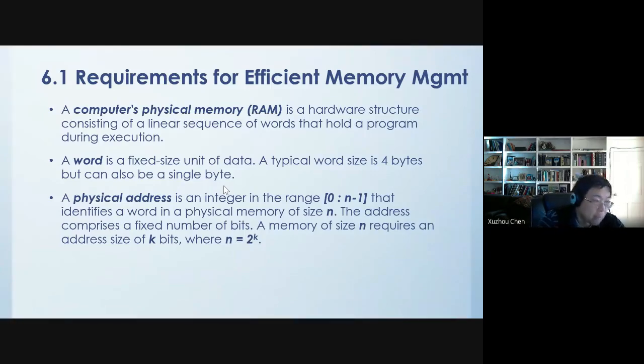Now, the computer physical memory, or sometimes we call it RAM, random access memory. Why is it called random access memory? Because most of the storage memory we talk about is not random access. Sometimes they are sequential access.